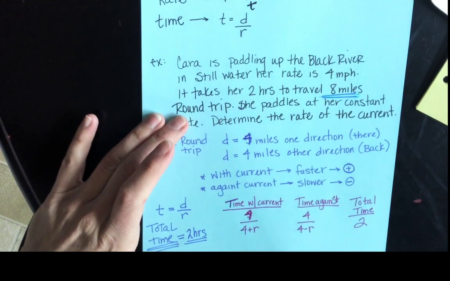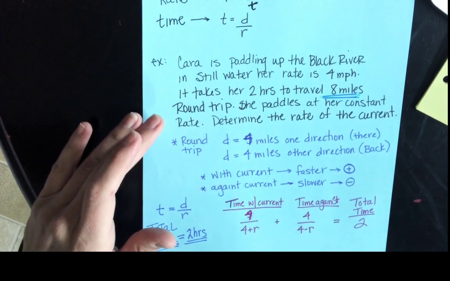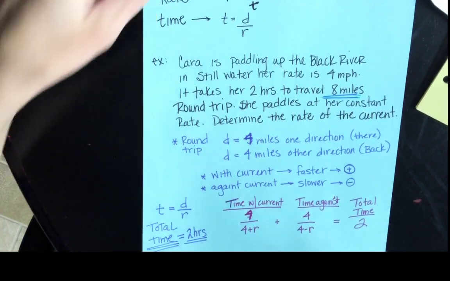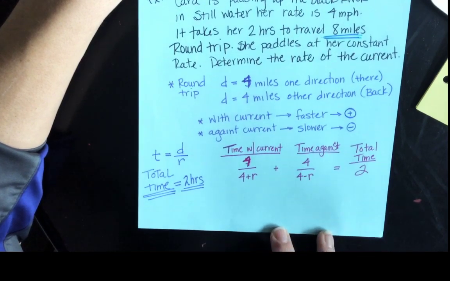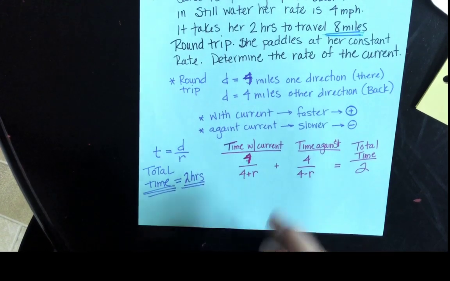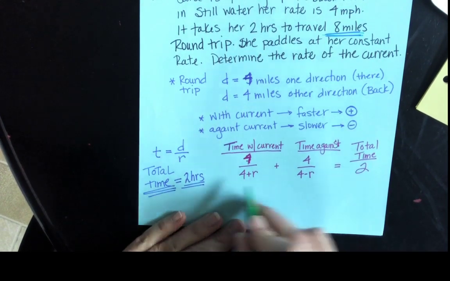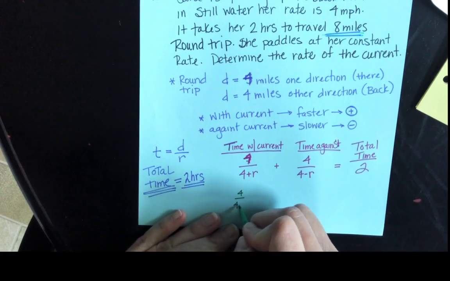So because, again, we're talking about total time, we add these together. And here's where you truly get to see this idea of the rational expression. So when we do break this back down, we are going to have the 4 plus R and the 4 minus R as our LCM.